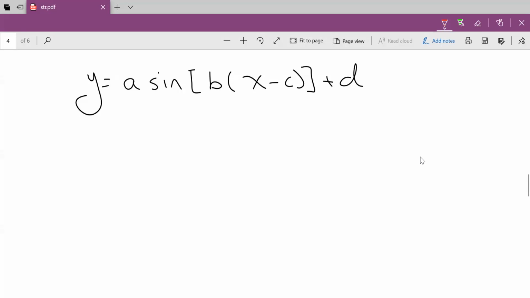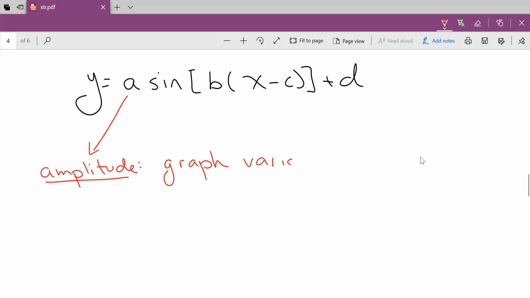Okay, what have we figured out then? We figured out that A is our vertical stretch. But when we're looking at trig functions, we call this our amplitude. The amplitude is how far up and down the graph varies from the midline, or the median line.